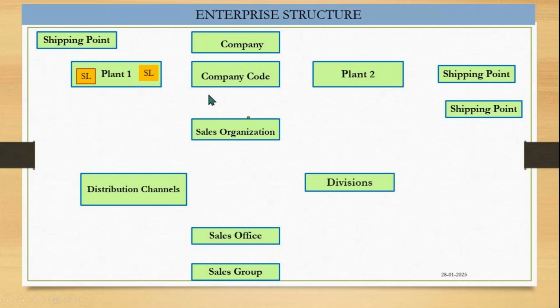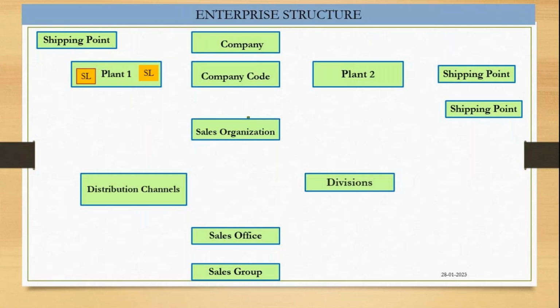Let's say there is a company code, and one more organizational unit, the credit control area, which I have not defined here, because it is maintained for the credit management functionality. When we are learning credit management in S4 HANA, then I will define it. For now we define only these organizational units.